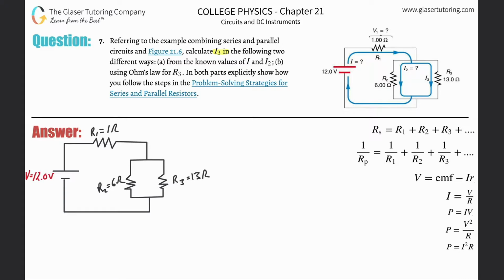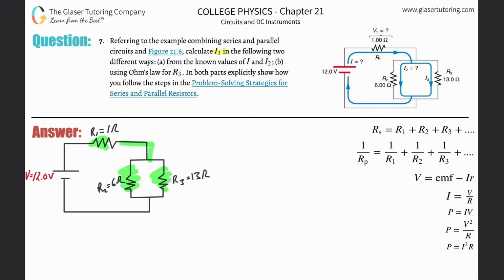We realize that this element, let me highlight it, this resistance, is in series with this parallel arrangement, right? That's a little confusing, I know. But this resistance is in series because the current flows directly through this component.